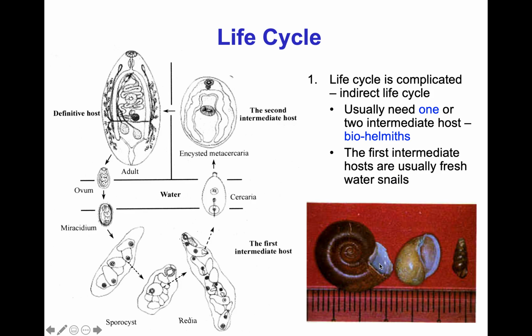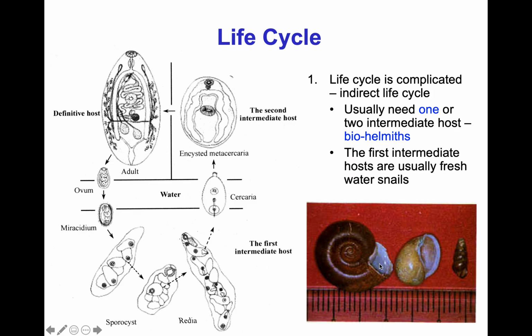Their life cycle. The life cycle of the flukes is very complex. They have an indirect life cycle. Usually, they need 1 or 2 intermediate hosts. These flukes are all biohelminths.